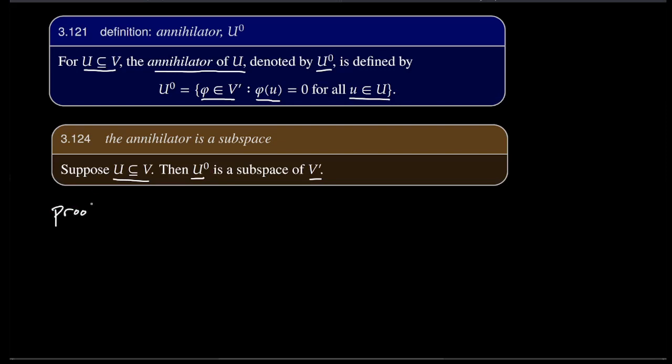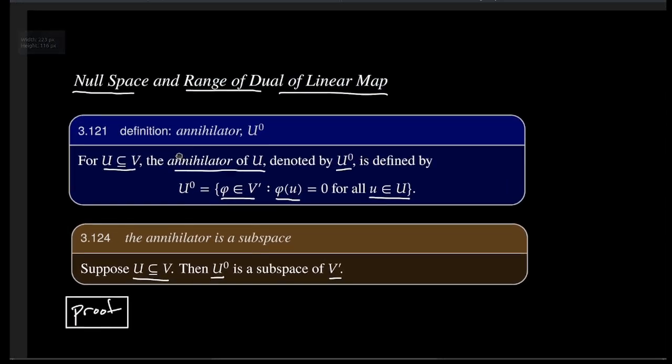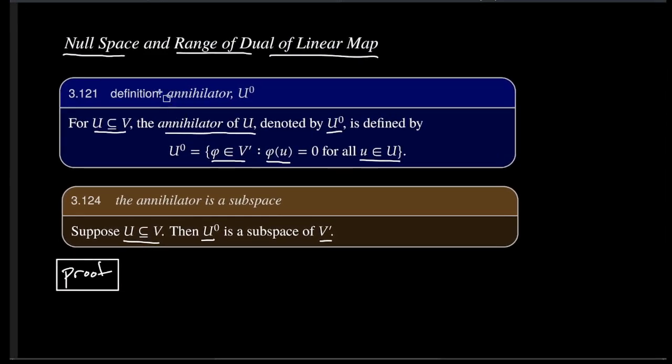We'll prove this really quick, get used to annihilators a little bit, and what we'll end up doing is use annihilators to characterize the null space and range of the dual of a linear map.